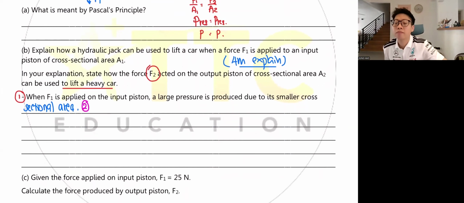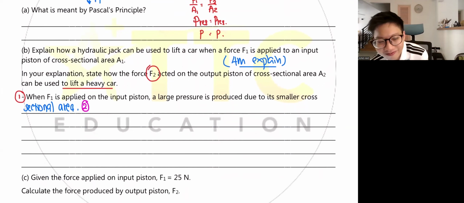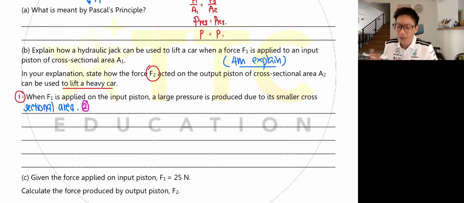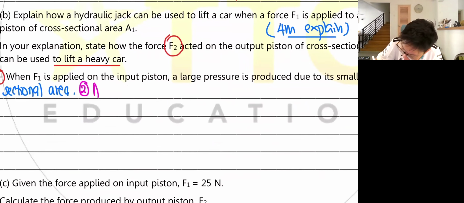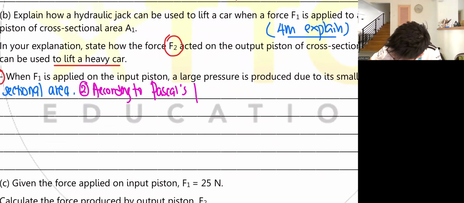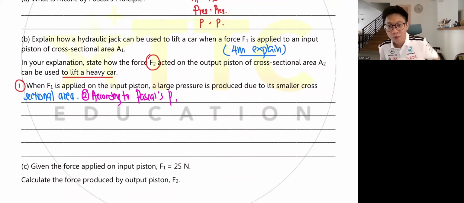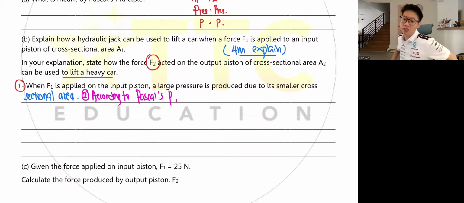Point number 2. Okay guys, what's point number 2? So now, if possible, we will write according to Pascal's principle, then we throw in the Pascal's principle definition. 90% of the time, if you throw in the definition, you might get extra marks. Might.